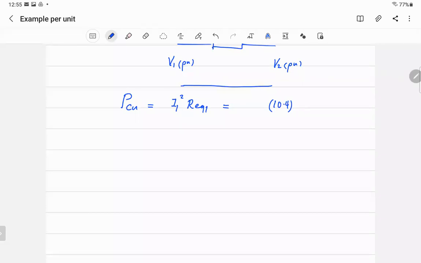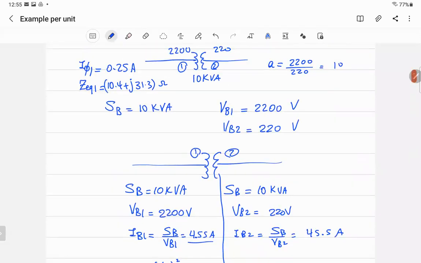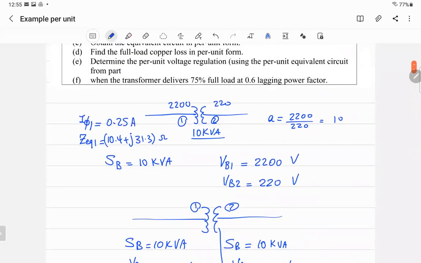So this transformer was given as 10 kVA. 10 kVA means the rated value, and at the same time it's the full load. It's also called full load. So the full load is 10 kVA, and you are on side 1 at 2200 volts. If you divide both, you get the full load current, which we chose as our base, by the way.